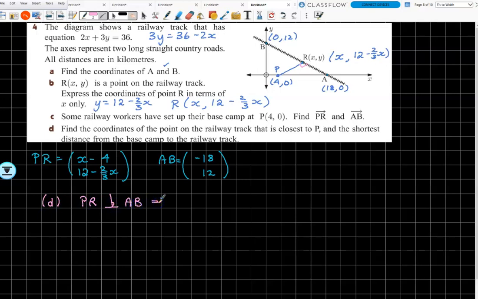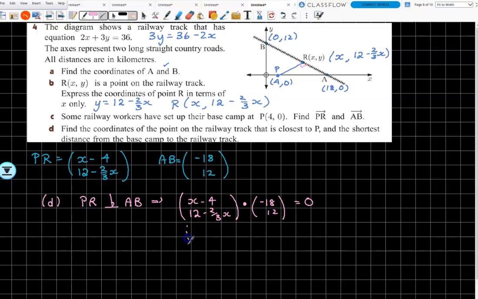Therefore we go (x minus 4, 12 minus 2/3 x) dotted with AB equals 0. What's the big difference here? We're solving for x this time instead of t.